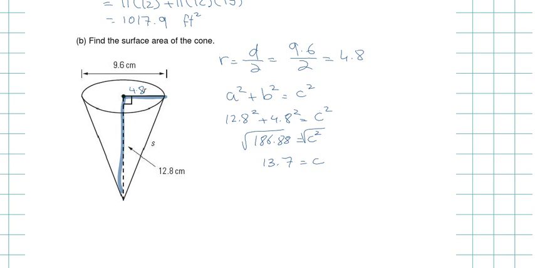What was the formula again? Surface area equals pi r s plus pi r squared. It doesn't matter, it's addition. Okay. So my radius is 4.8. Times 13.7 plus pi times 4.8 squared.